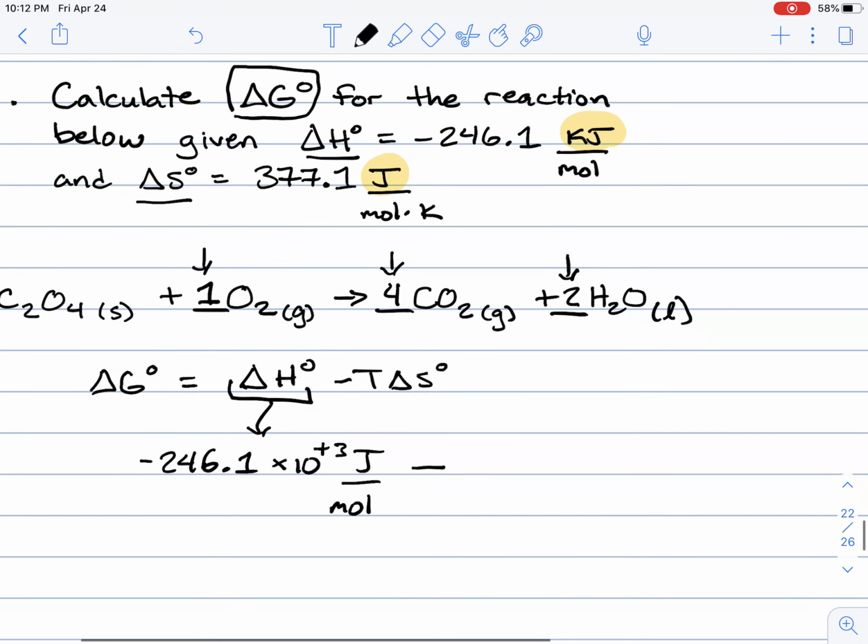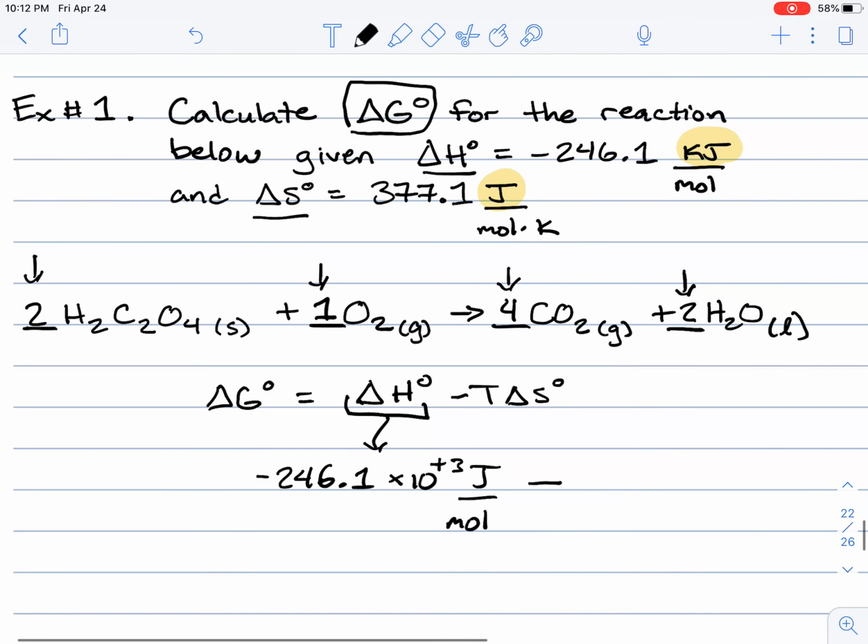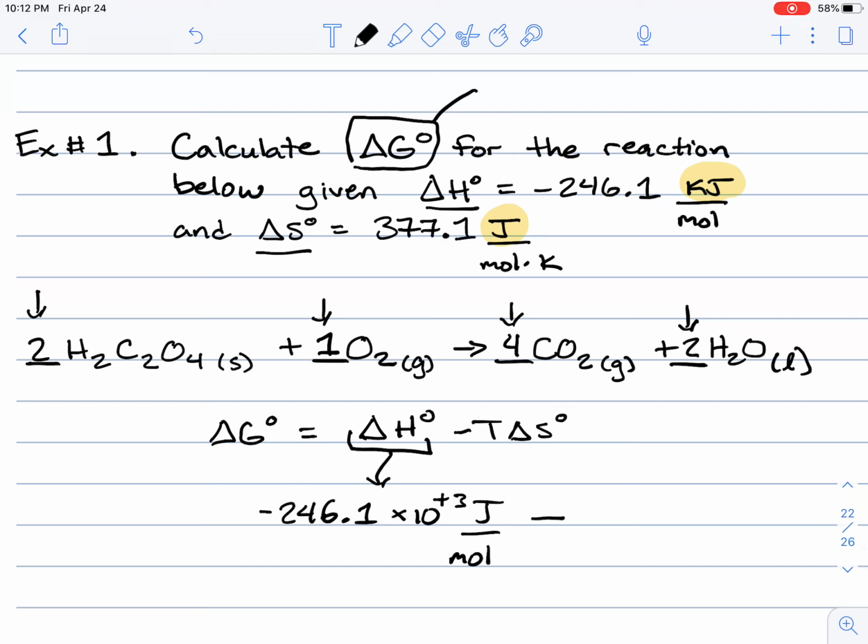And so I'm going to go ahead and subtract that by temperature. Now, if you guys read the problem, it didn't tell us explicitly what the temperature is, right? But if you recall, this naught represents standard conditions. And standard conditions states that the reaction should be occurring at 25 degrees Celsius and at 1 atmospheric pressure. The only number that's relevant to us for this problem is 25 degrees Celsius, because that's what we need for temperature.